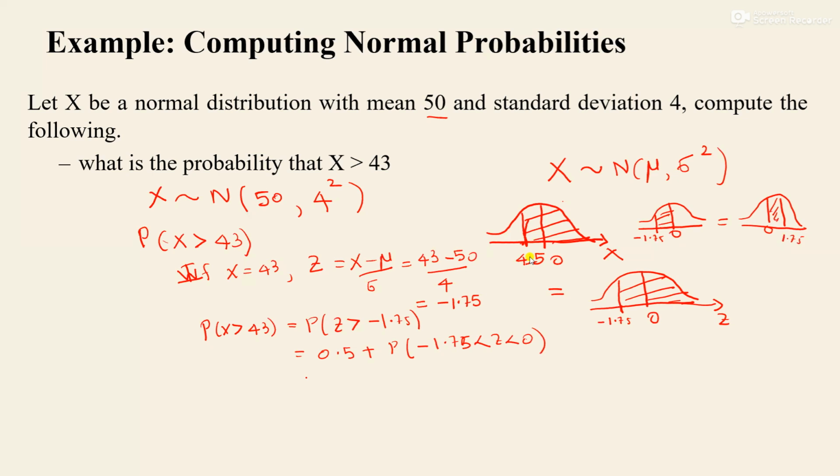So this is equal to 0.5 plus probability of 0 less than z less than 1.75.